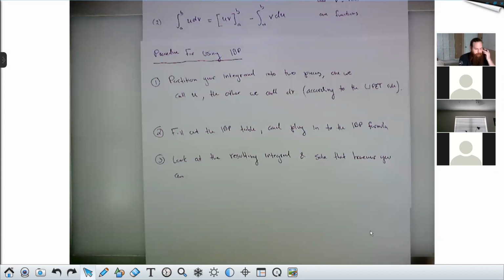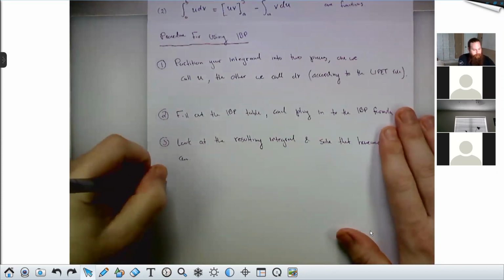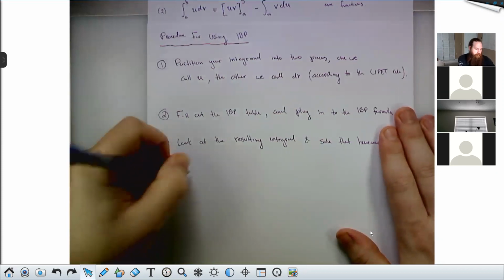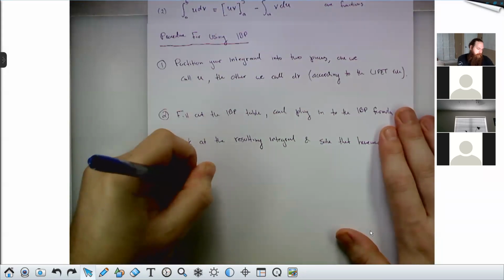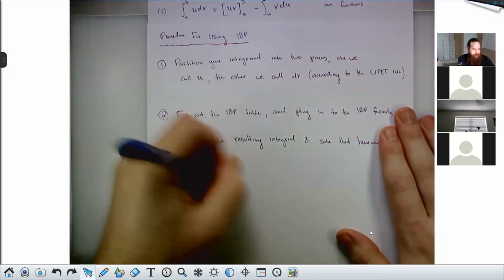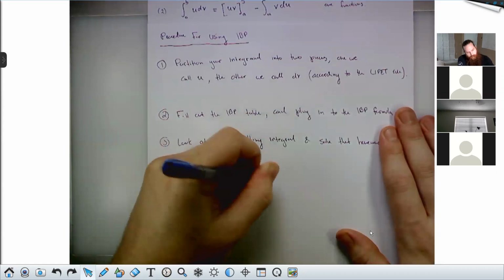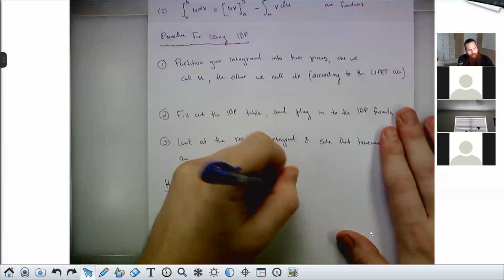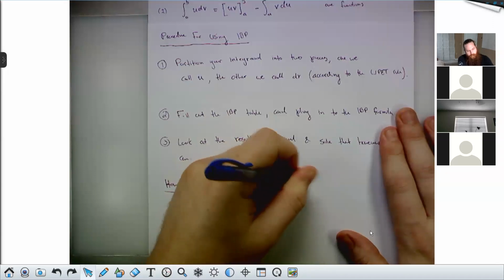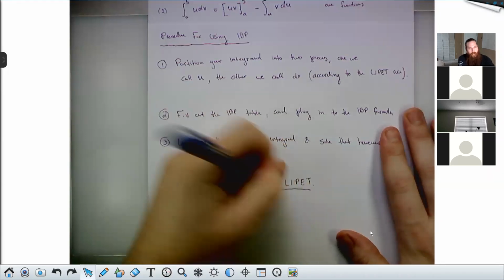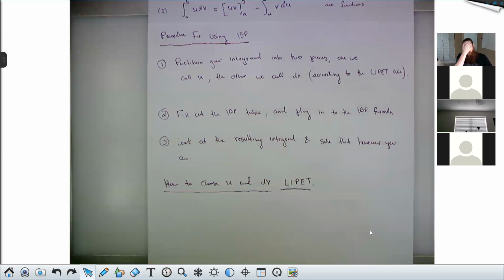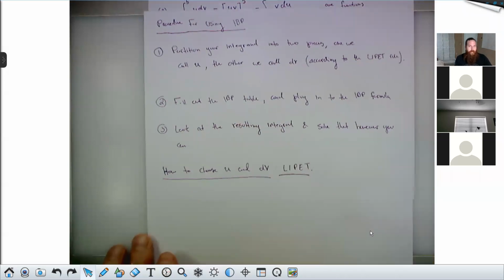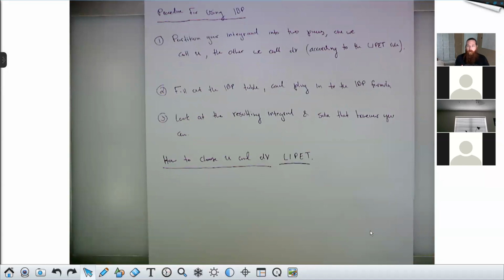So that LIPET rule, really what the LIPET rule is, it's a guideline to help you pick u, and then you always choose dv to be everything else.